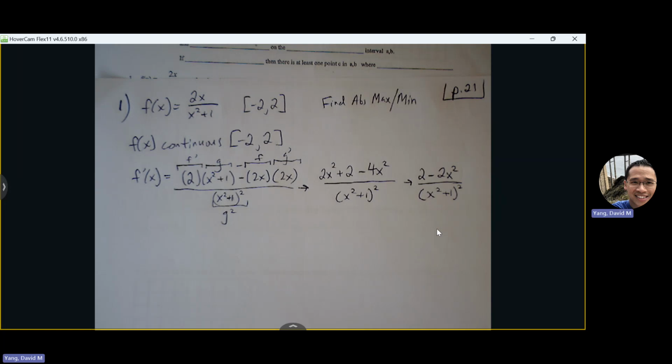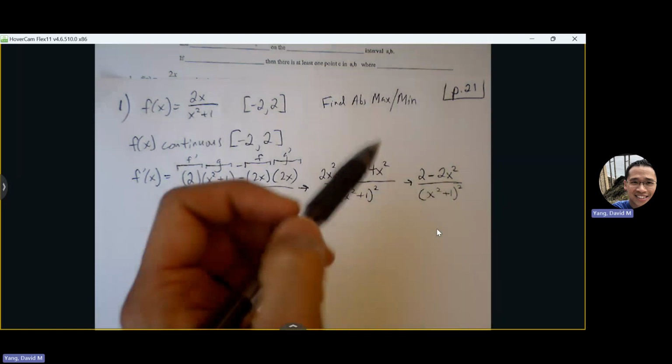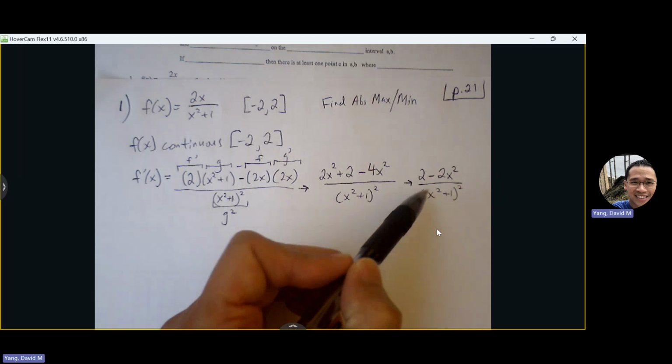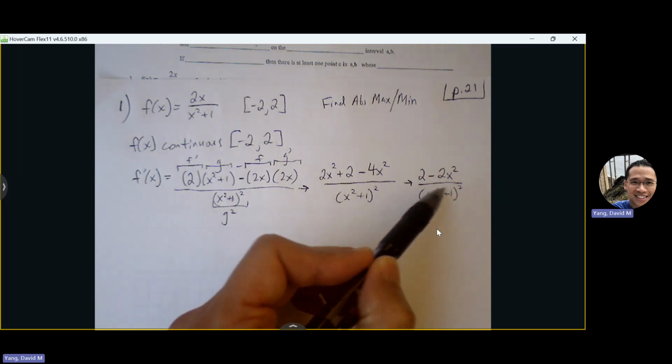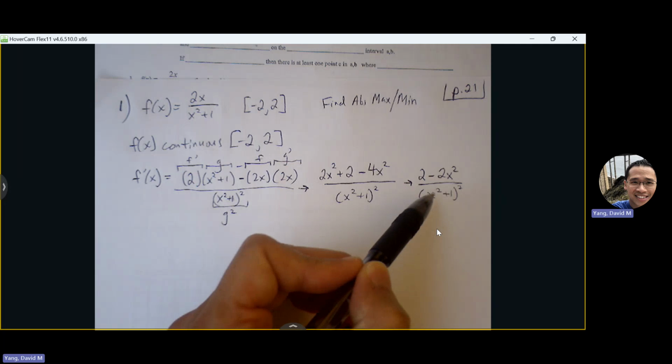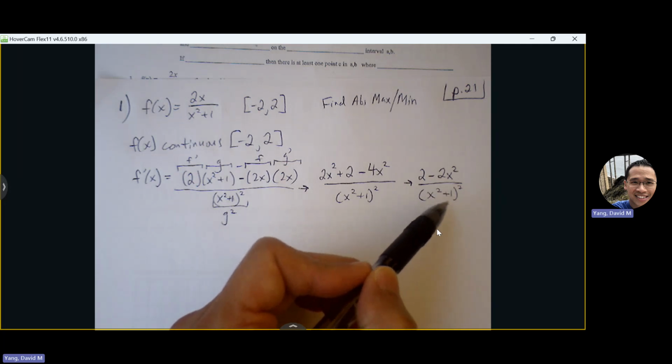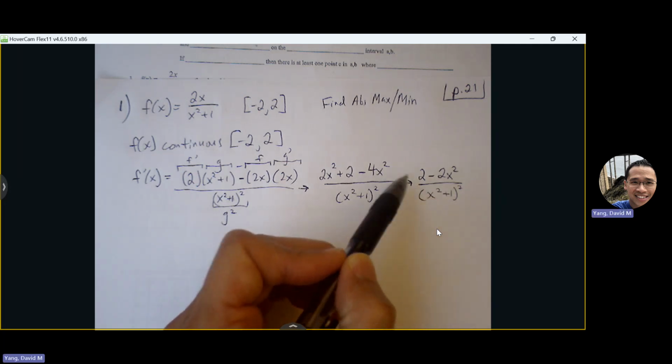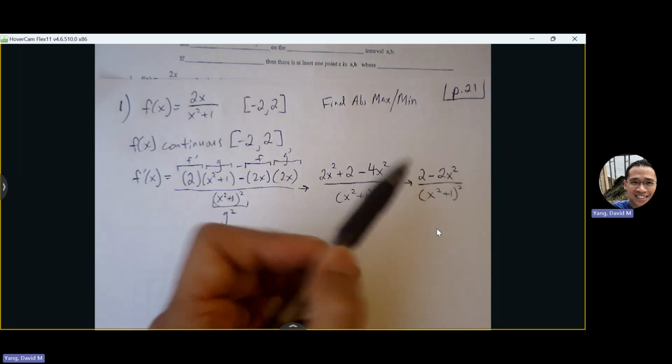Once we find our f prime, set the numerator and denominator equal to 0 to find our critical points. If we try the denominator, we're going to end up with imaginary numbers, so nothing here, because we're going to end up with x squared equals -1. Can't take the square root of negative numbers, so we can just focus on our numerator here.